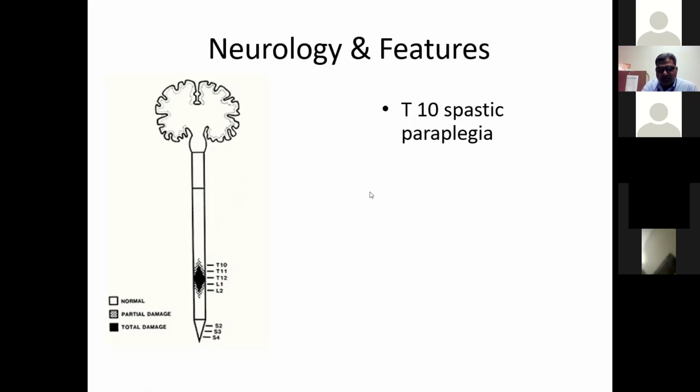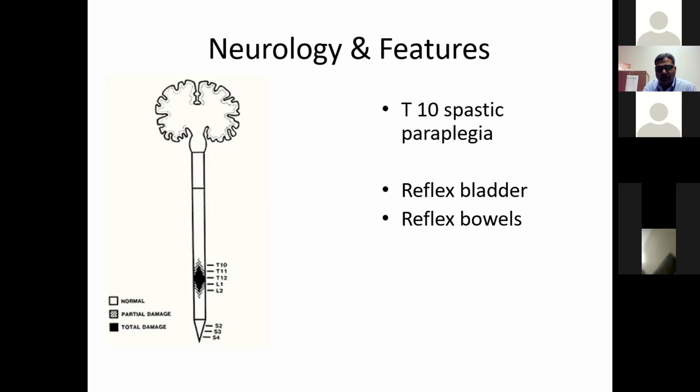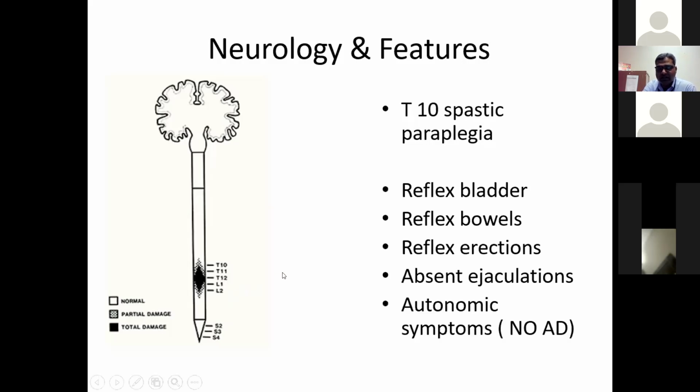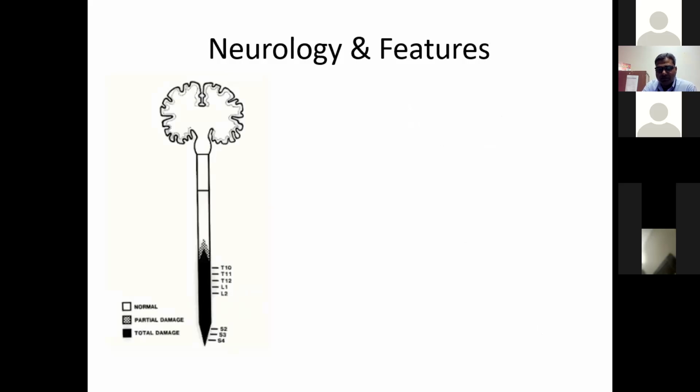Because the sacral part is intact, the bladder will be reflex, the bowel will be reflex. As this level of lesion involves the thoracolumbar sympathetic outflow, there will be absent ejaculation. But because the sacral parasympathetic system is intact, there will be reflex erections. There will be some autonomic symptoms, but no autonomic dysreflexia, because the lesion is in the lower thoracic part of the cord.